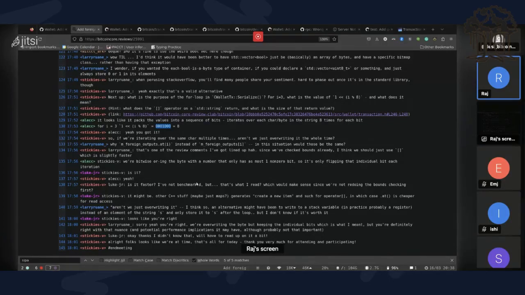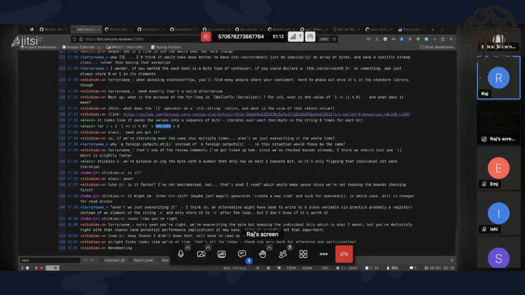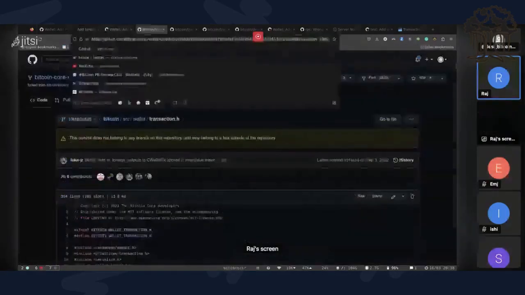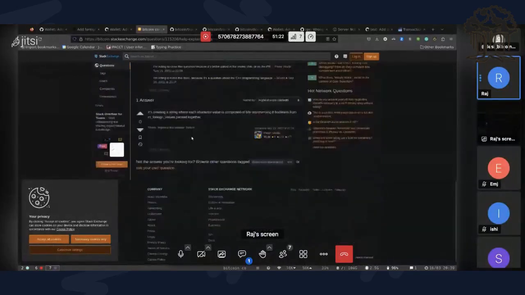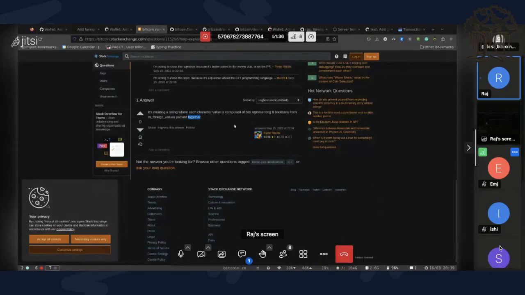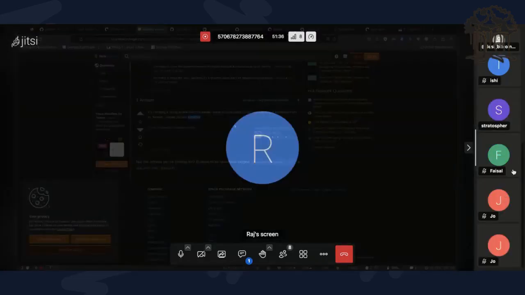Help explaining some C++ code I haven't seen before. Okay, so it's creating a string where each character value is composed of bits representing 8 booleans from m foreign output values packed together. Oh my god. And so is a string 8 bits? I mean, one byte?